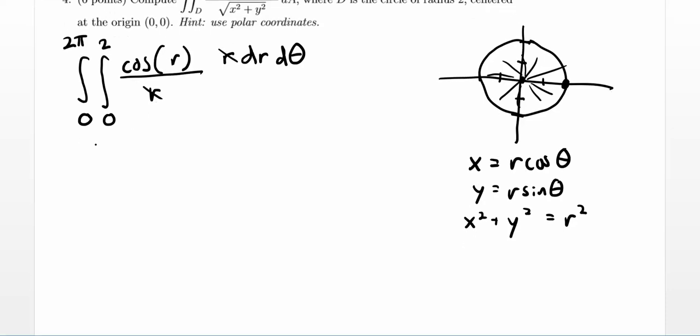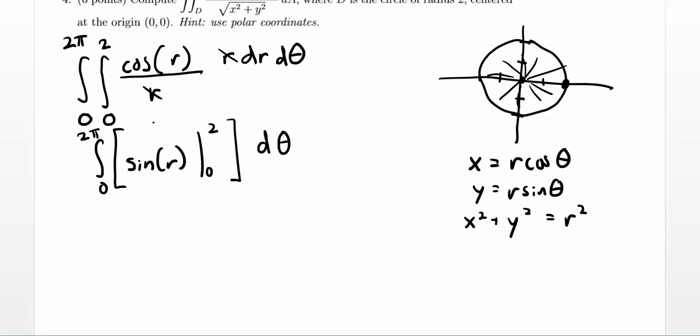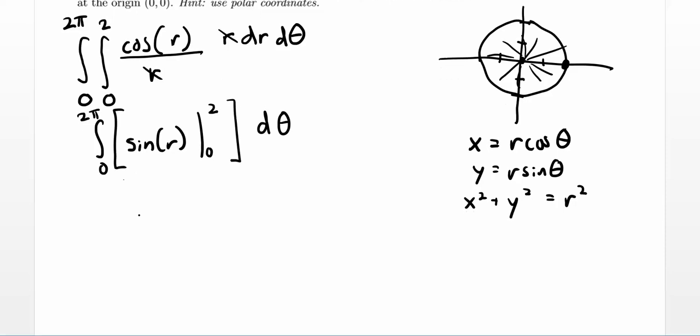So let's integrate this thing. An antiderivative of cosine r is sine r, evaluated from 0 to 2. Still got this outer integral, d theta. This becomes sine of 2 minus sine of 0.